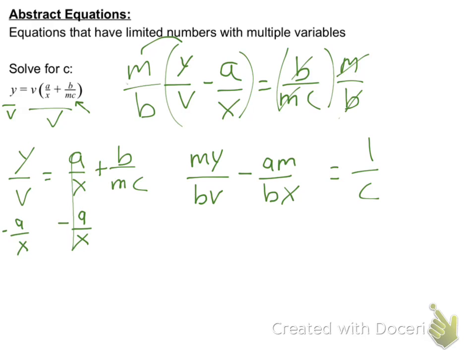Cross multiply. So would that maybe be a good option? So how can I get those 2 fractions on the side to have a common denominator? What's missing on this one? An x. So I need to put it there and there. This second one is missing v.